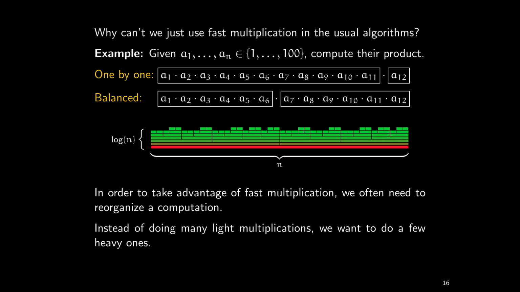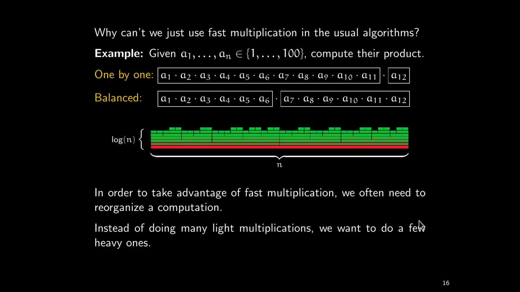The idea is, we don't want to do a lot of small multiplications because we want to take advantage of fast multiplication. And to take advantage of fast multiplication, we have to trade many small multiplications for a few big ones. If you have big multiplications, then you notice the effect of the work that we have done in the first part of this course, where we reduced the cost for multiplication from quadratic to essentially linear.